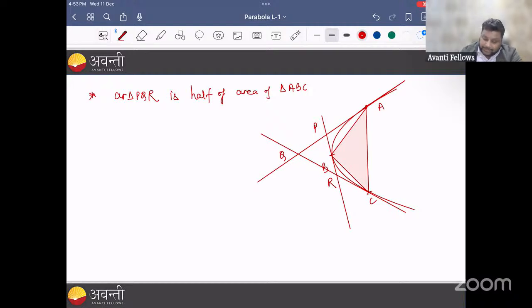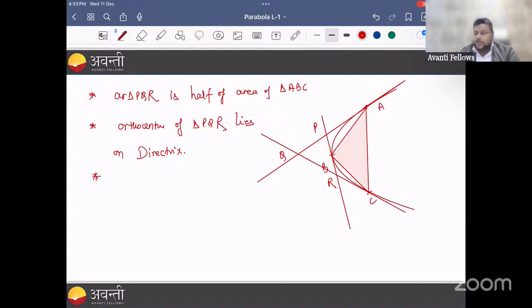Got it? Second point. Orthocenter of triangle PQR lies on directrix. Orthocenter of this external triangle PQR will always lie on directrix.